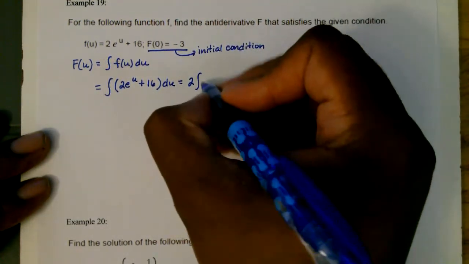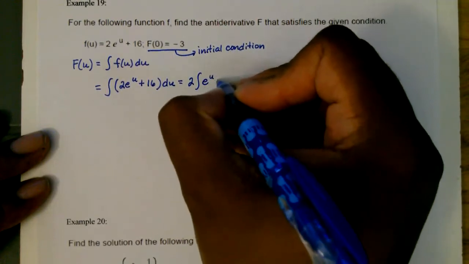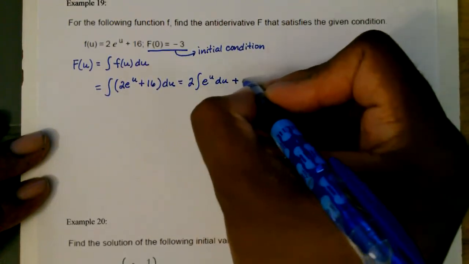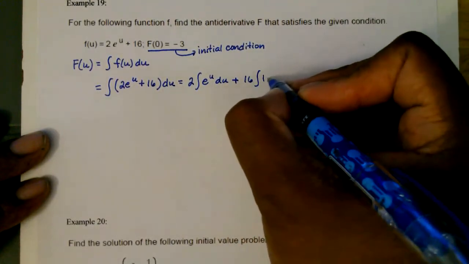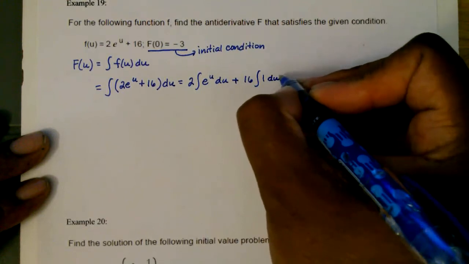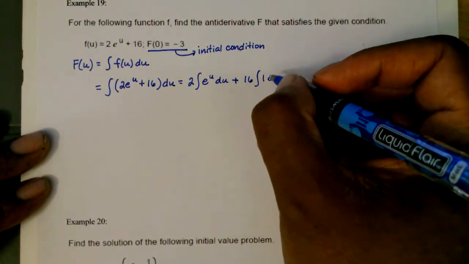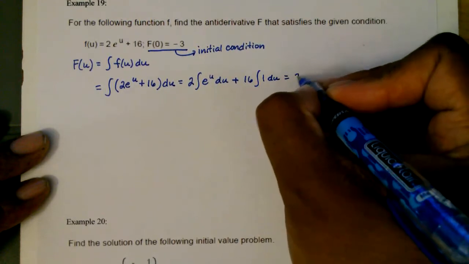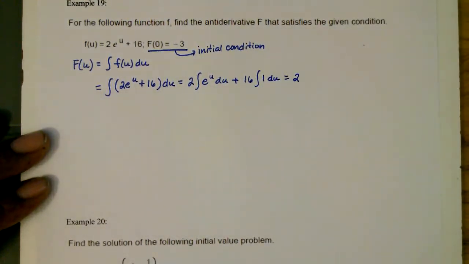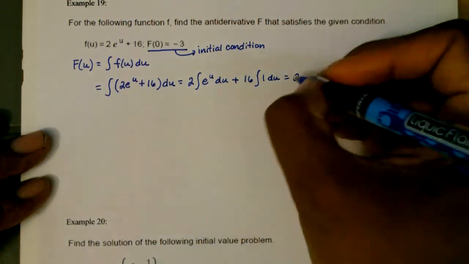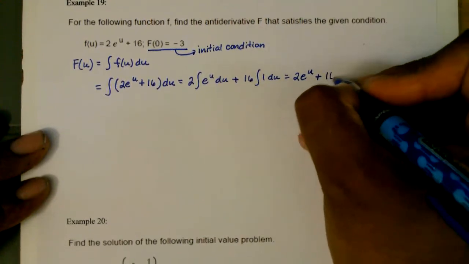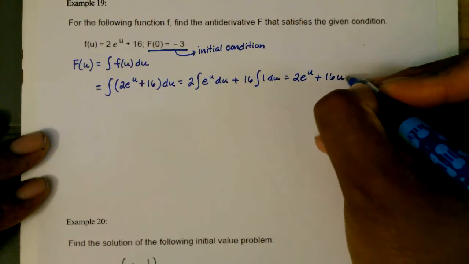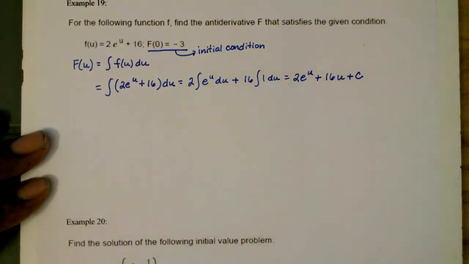I'll pull the 2 out in front times the integral of e to the u du plus pull the 16 out in front, so it'll be 16 times the integral of 1 du. And then the integral of e to the u would be e to the u plus 16 times the integral of 1 du would just be u plus c.